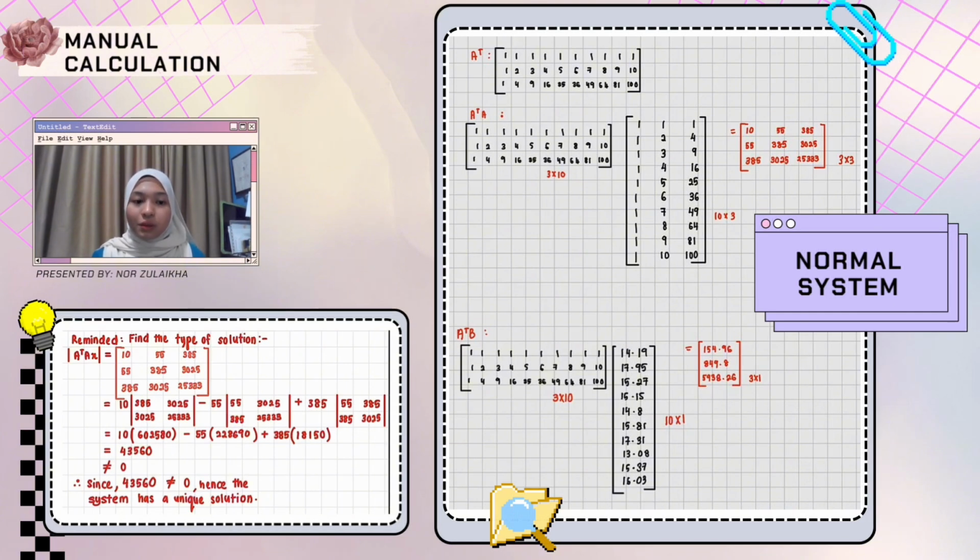As for A transpose B, we get 154.96, 849.8, and 5938.26 in the matrix of 3x1.